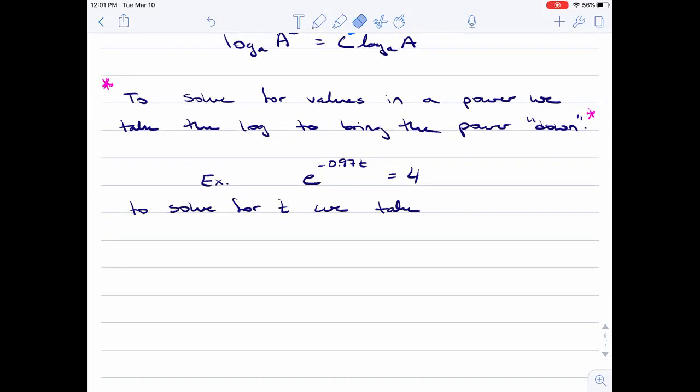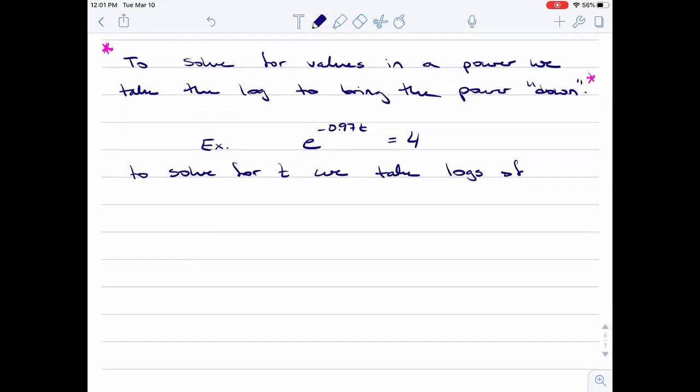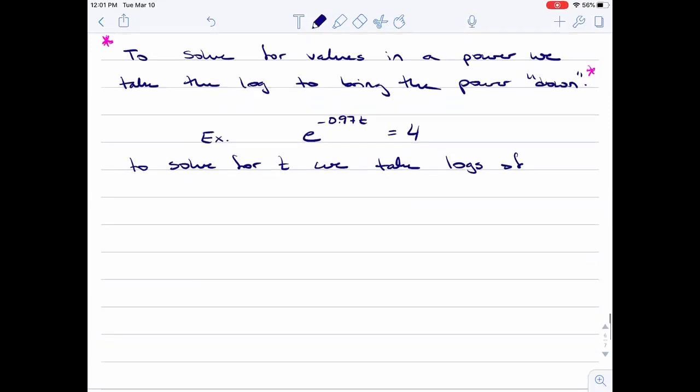Because I've got e to the power, if I take the natural log of e, I know I get 1, which makes it easier to deal with. You could take log base 10, but then it wouldn't cancel. You'd have log base 10 of e, and it just doesn't look good. Whatever we do to one side, we have to do to the other, otherwise we can't keep the equal sign. So to solve for t, we take logs of both sides.